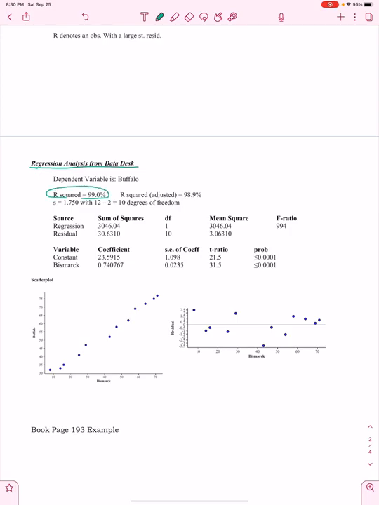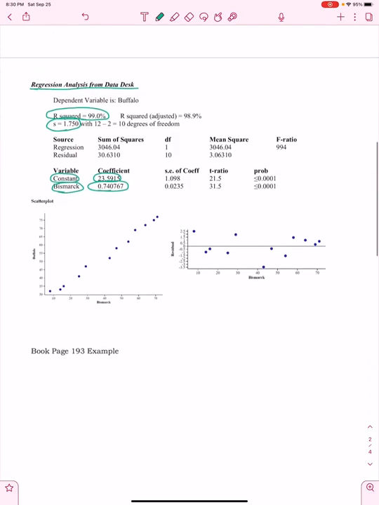See, I've got my R squared here, I've got my standard deviation of the residuals, I've got my y-intercept, and I've got my slope right here. But they've also provided you with a scatter plot and your residual plot. So you can answer more questions about the appropriateness of the linear model, etc., etc.